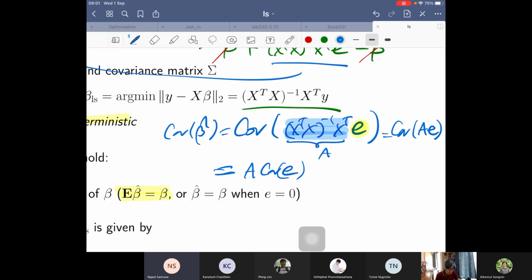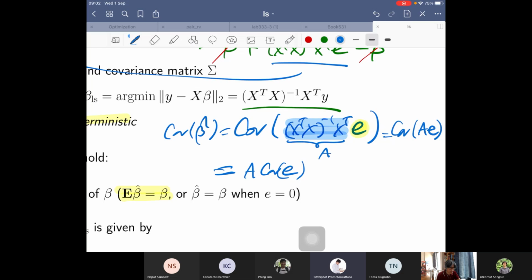The covariance of e is a matrix. Everything is a matrix now. If A is scalar, of course it's A square, right? But that's the scalar case. This is a vector.